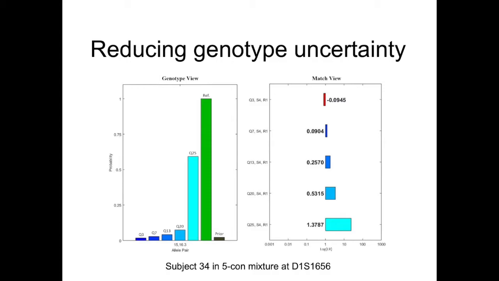With that reduced uncertainty, log LR values show incremental improvements as conditioning progressed, just at this one locus. Now, this is just looking at one contributor in one mixture at this one locus. And we know that the total match information per contributor is determined by adding together these independent locus log LR values per peeling round. So let's take a look at that.